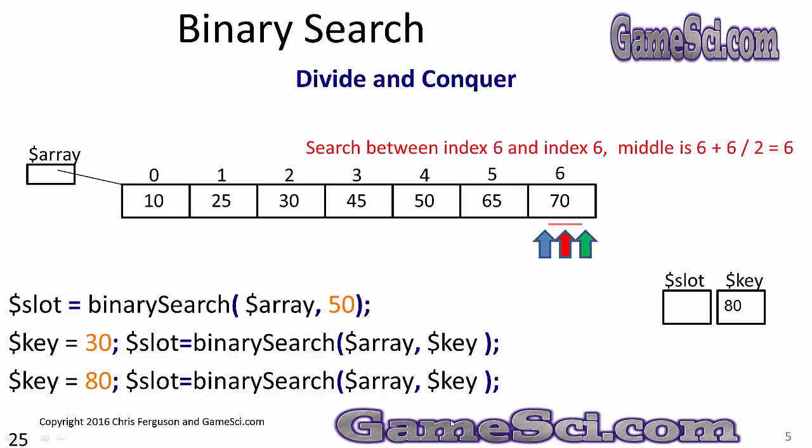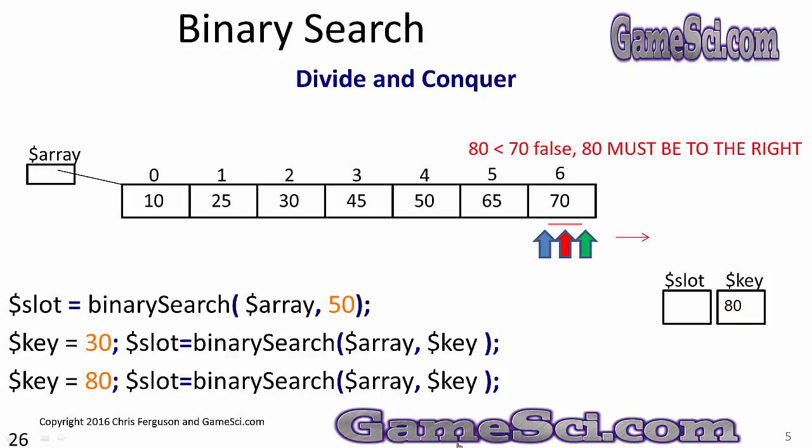Calculate the new parameters. I'm going to search between index 6 and index 6, the middle being 6. Ooh, sounds ominous. But I'm going to search position 6 of the array, and it's not going to be good. 80 less than 70 is a false statement, so 80 must be to the right. I need to go to the right of slot 6 to locate an 80.